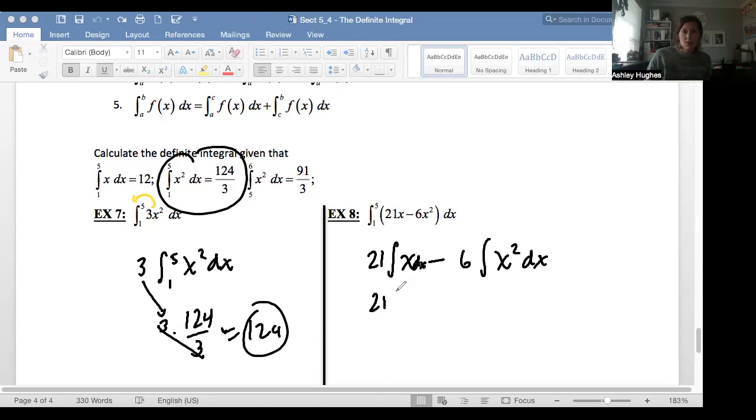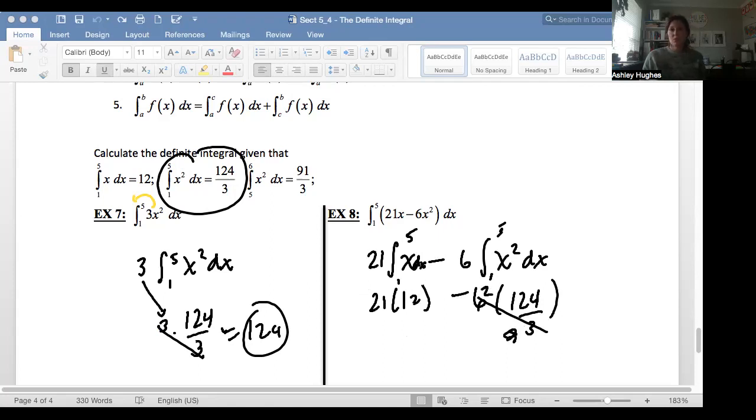X is 12. X squared is 124/3. Notice that the bounds need to be the same. I didn't write them, but you have to check that they are the same. So 21 times 12 minus, that would be divided by, oh no, times 2. So you could simplify that. That would be your answer.